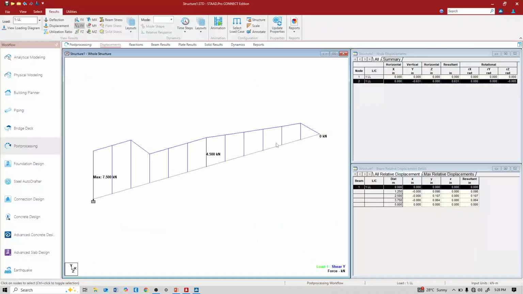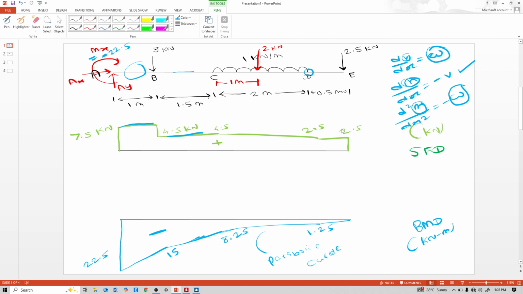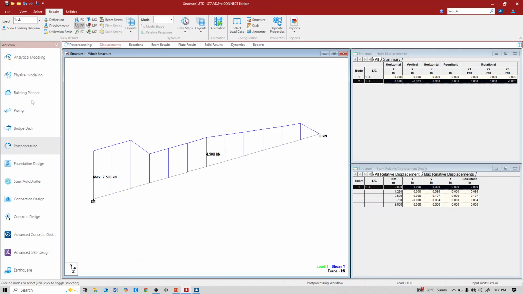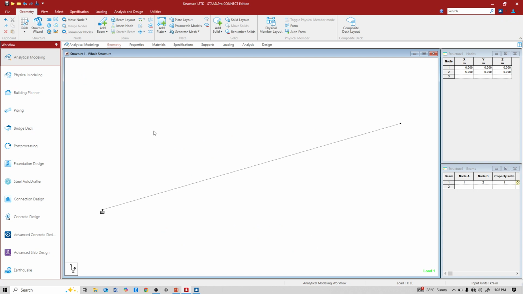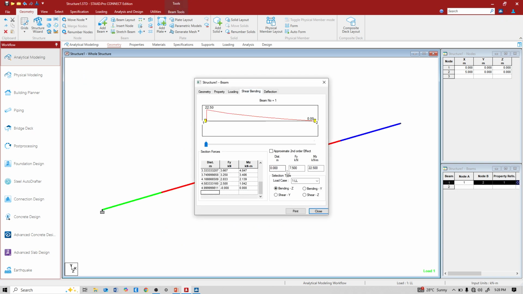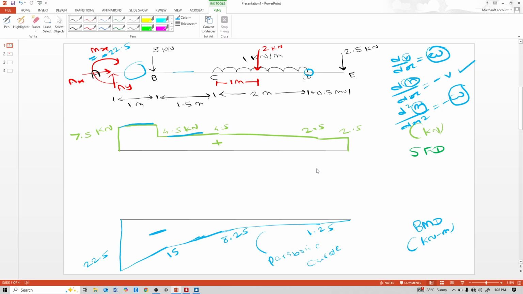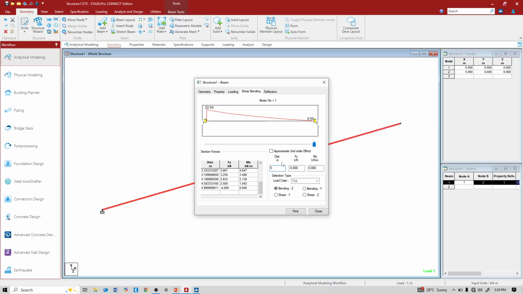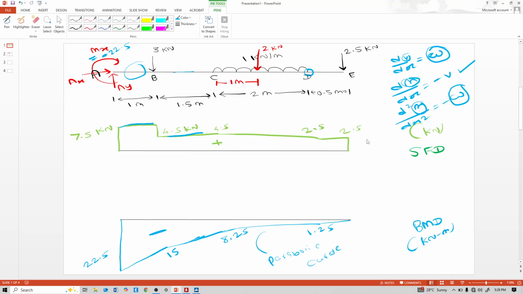Here it is 4.5 kN. See 4.5 kN. And here 2.5 kN. This value we will see here. Go to analytic mode and double click on this shear bending. Type here 5 with 0. Add 5, 0, yes. And at 4.9 it is 2.5. See, this is 2.5, just left to that.